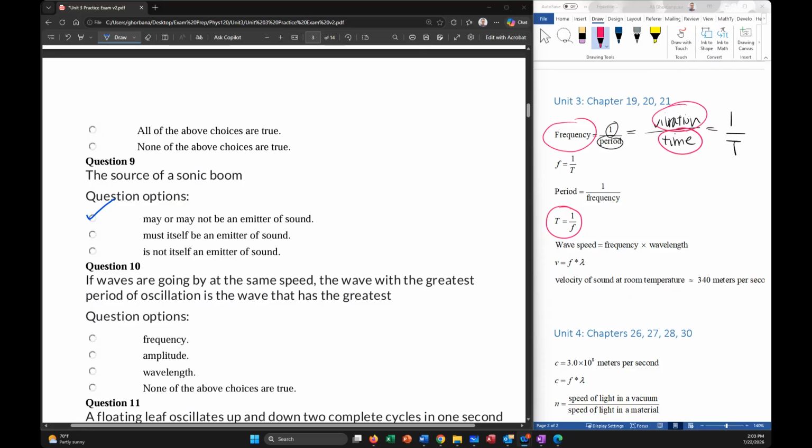A bullet, an airplane jet as well. The airplane jet is not a source of sound, but it creates a sound. The same thing, a supersonic bullet produces a sonic boom. However, it is not intentionally emitting the sound. I think this is a good example.